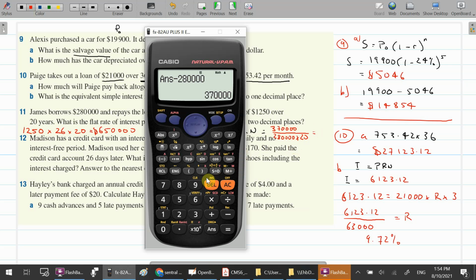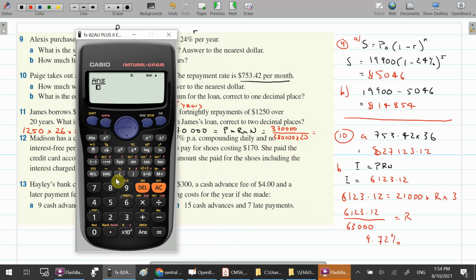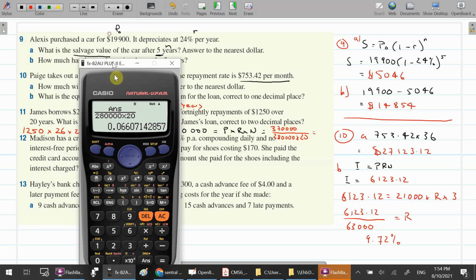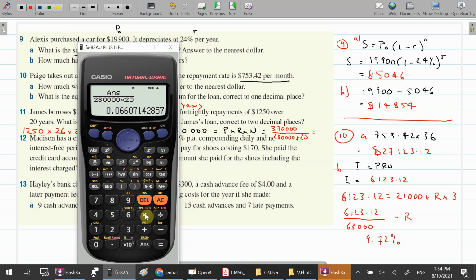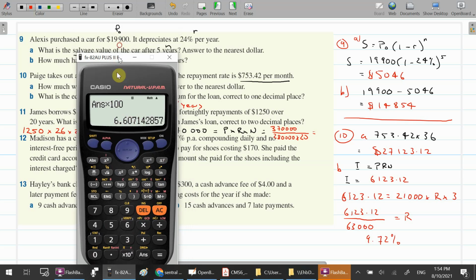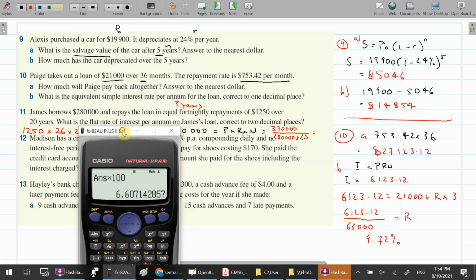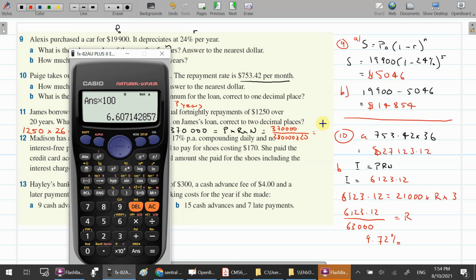Let's do that first. $280,000 times 20. And then to find the percent, times 100. 6.6, two decimal places, 6.61.